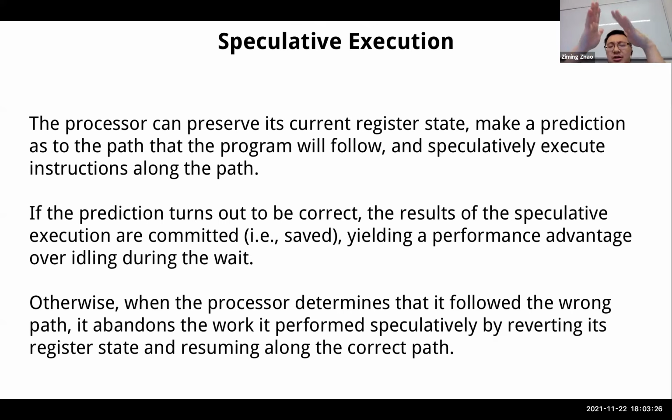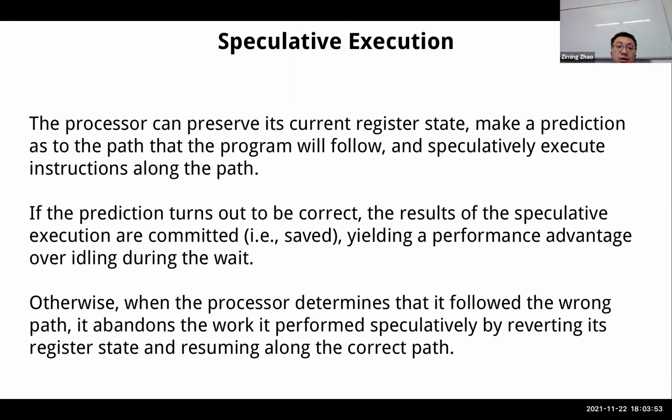Imagine there is a branch instruction, then there will be two paths. When we do out-of-order execution, it will stop there because you don't know which branch you should execute. With speculative execution, the CPU will guess, I should go to the left branch, or I should go to the right branch, and do out-of-order execution on that branch.